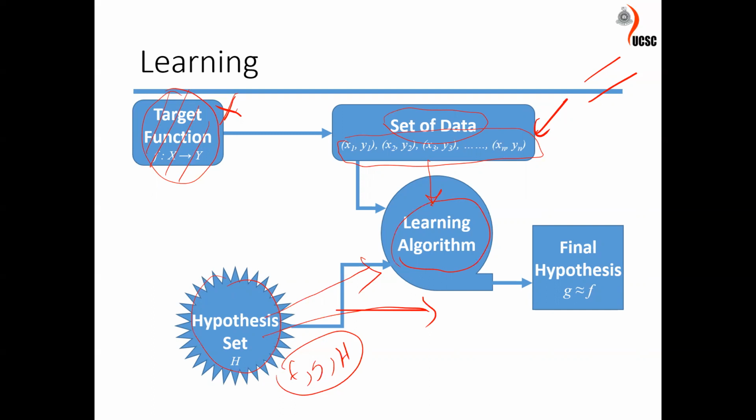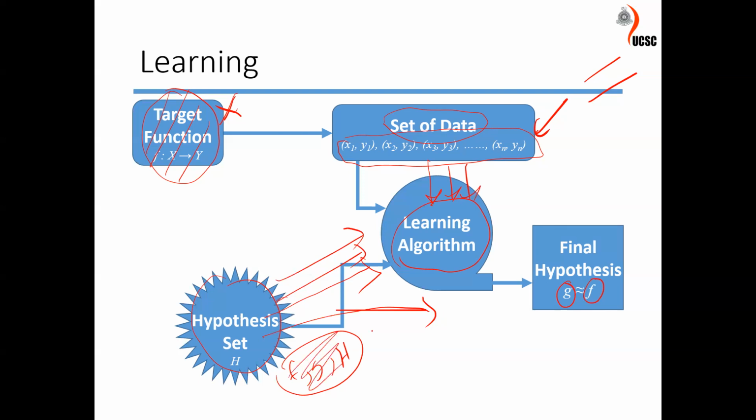Our algorithm picks the most fitted hypothesis for this set of data. If we come up with the final hypothesis as G, it should be nearly similar to our target function.